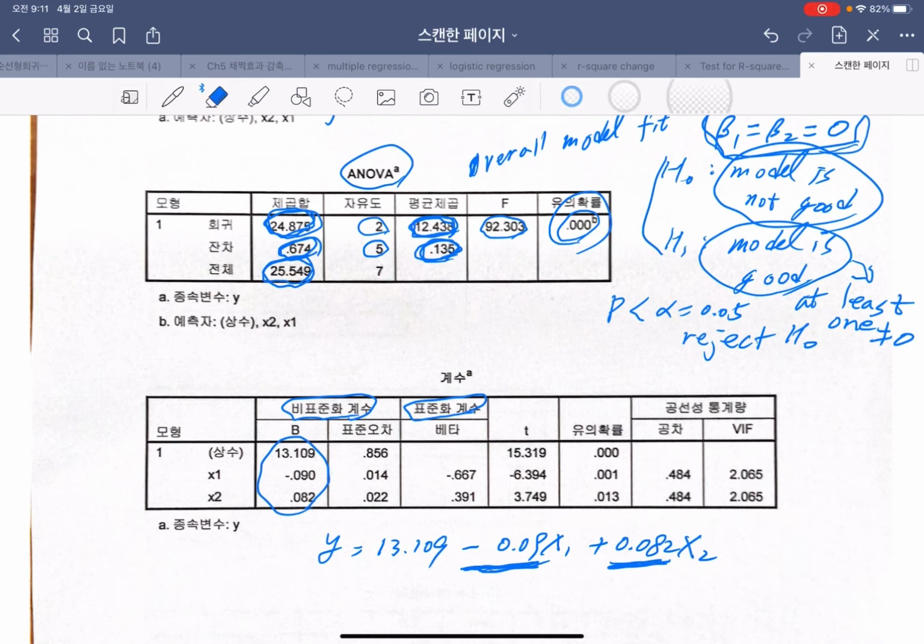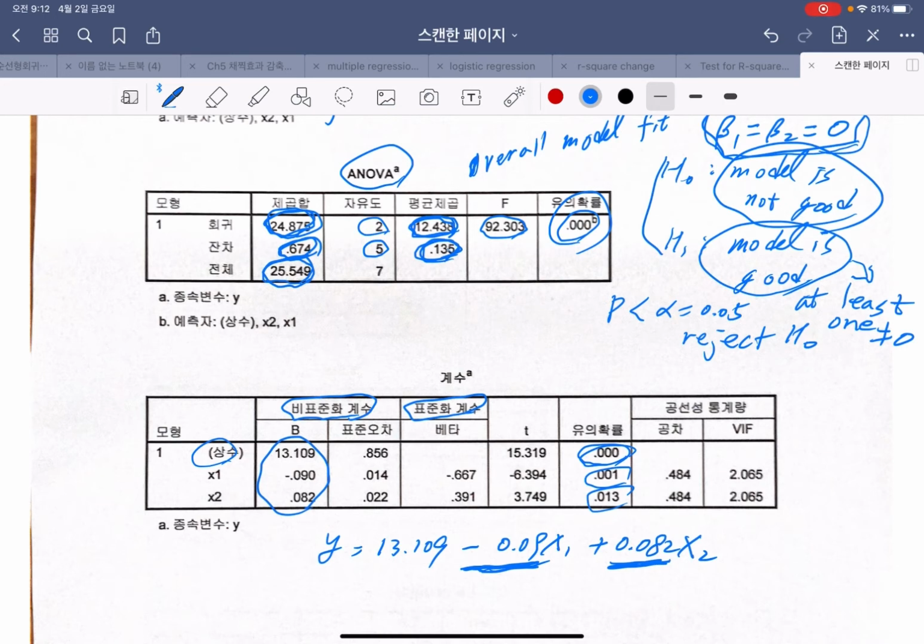If you look at the p-values, we have three p-values here: this one, this one, and this one. Let's look at them one by one. Let's look at this p-value. So what is the hypothesis in this case?